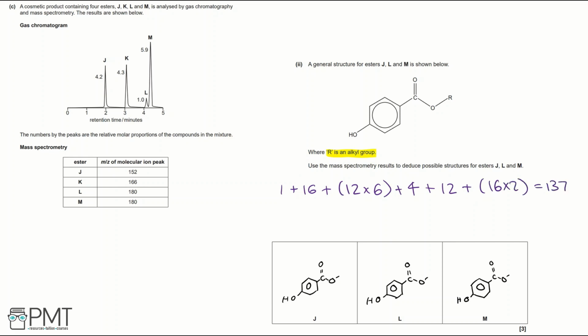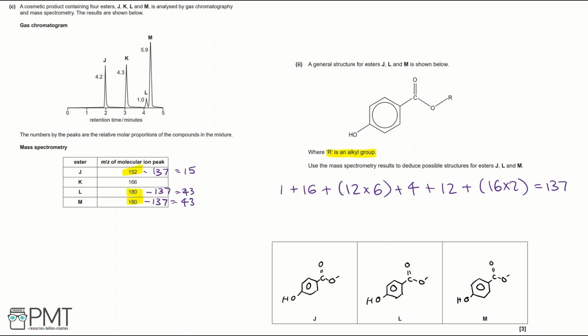So if we look at the MZ values for J, L, and M, we can work out the relative formula mass of our R groups. So that's going to be minus 137, that equals 15. Then minus 137, minus 137, we have 43. So using this information, we can work out what our R groups are.